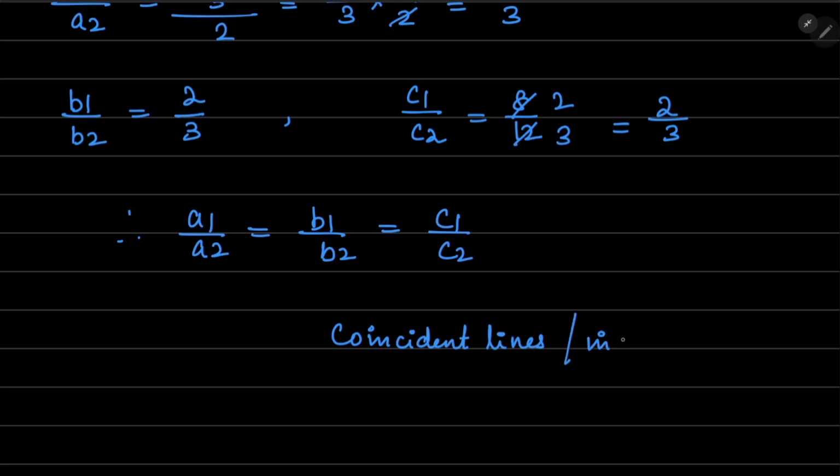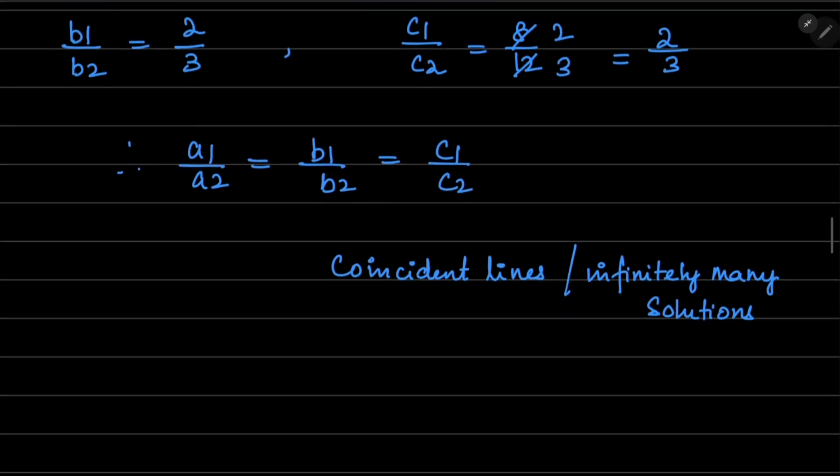It will have infinitely many solutions. And how about the consistency? The system will be consistent. Whenever it has a unique solution or infinitely many solutions, the system will be consistent.